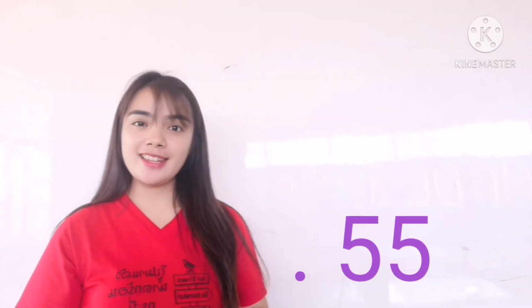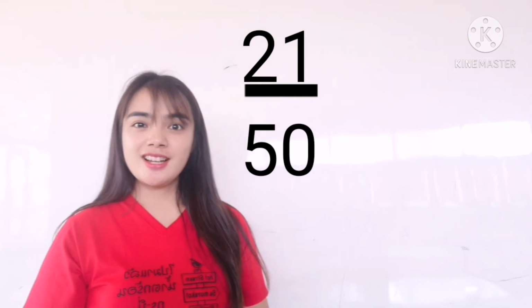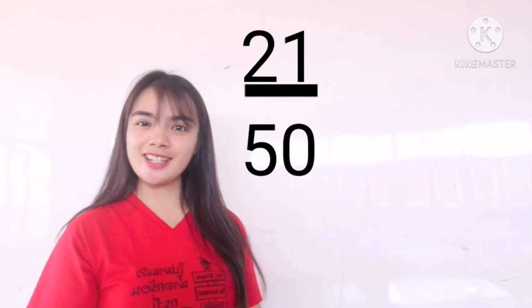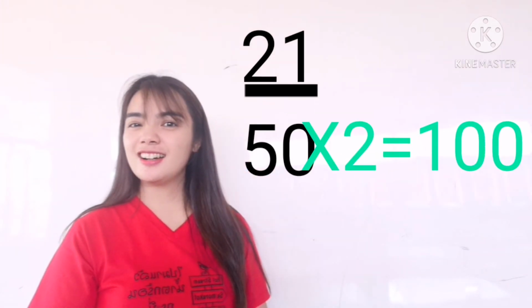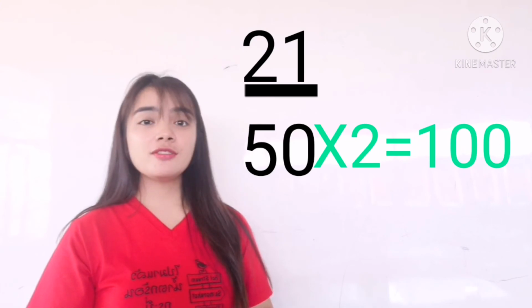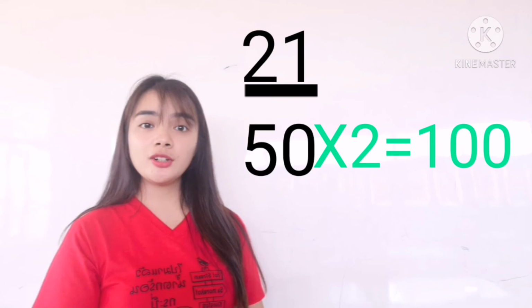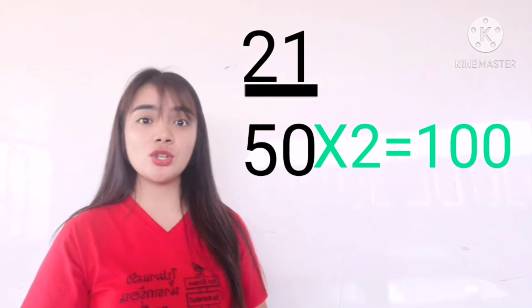Let's try to look at this one. 21 all over 50. So what number can we multiply by 50 to make it 100? What do you think? So it is 2. So 50 times 2, that is equals to 100. So we can just multiply 21 times 2.